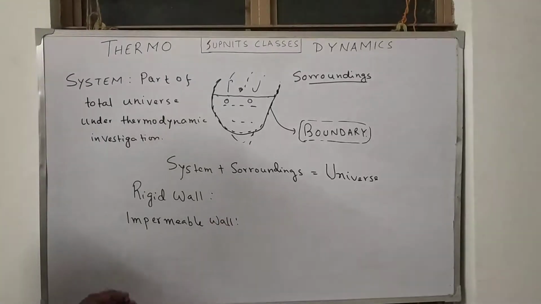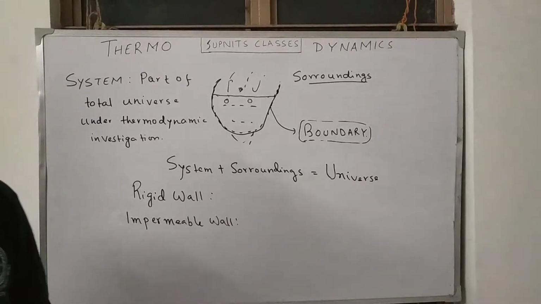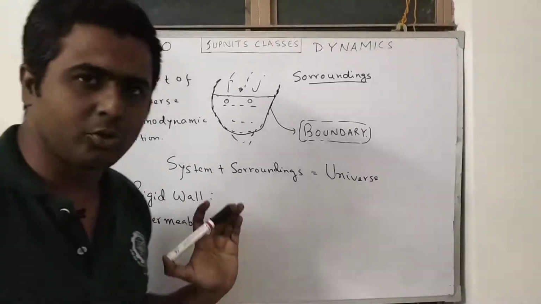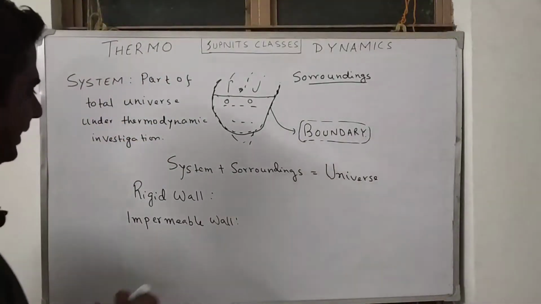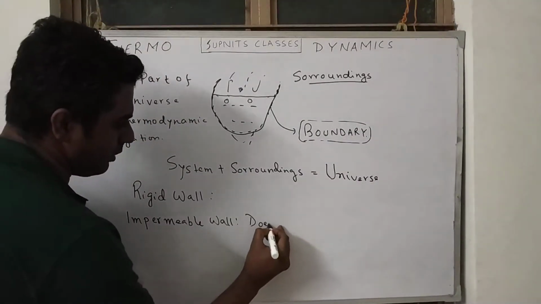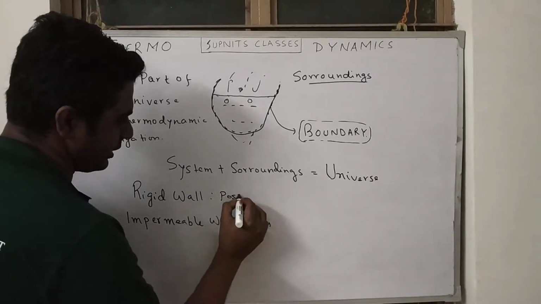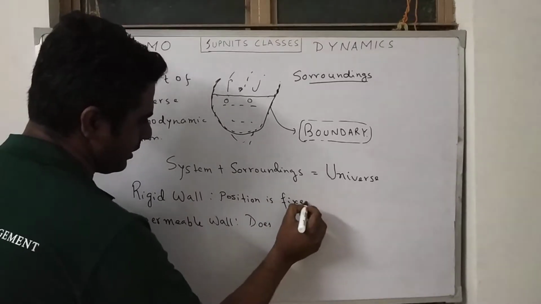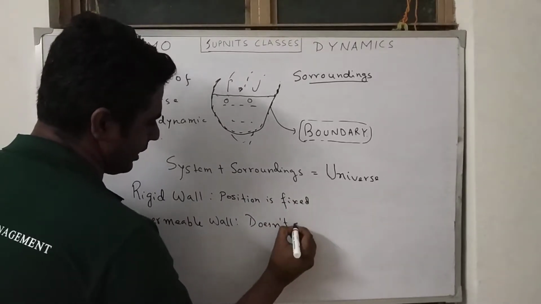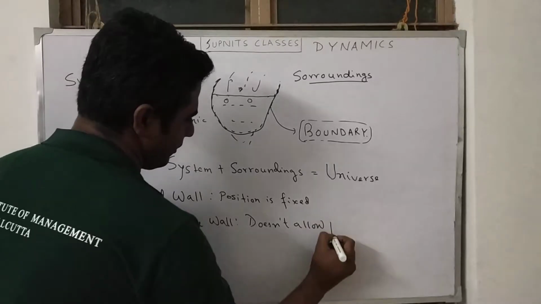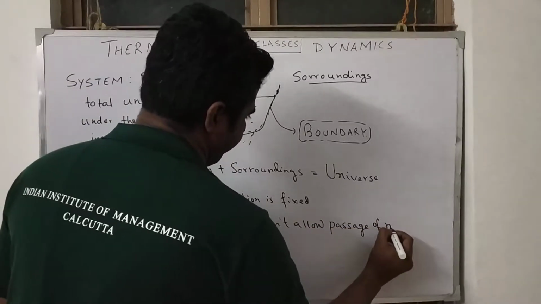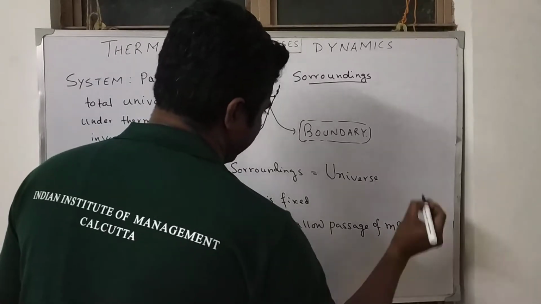What does an impermeable wall necessarily mean? An impermeable wall doesn't allow any matter to pass through. Here the position is fixed, it doesn't allow passage of matter.